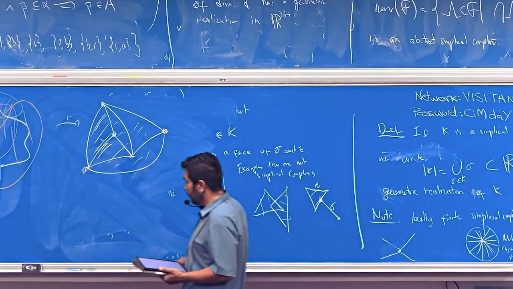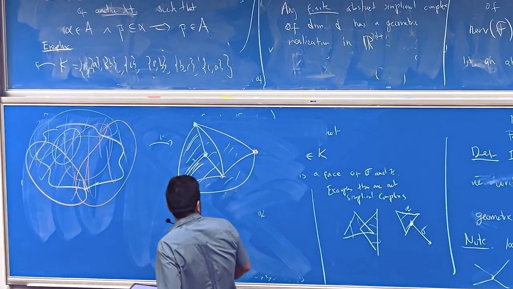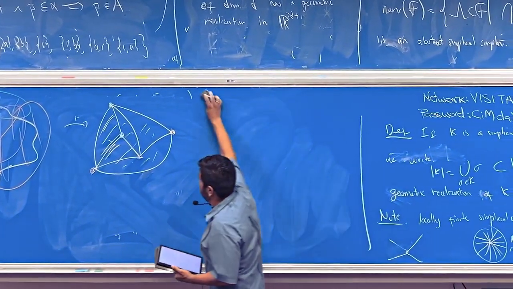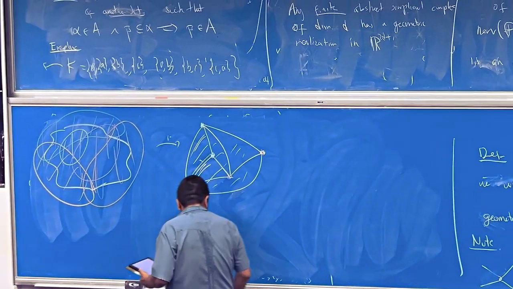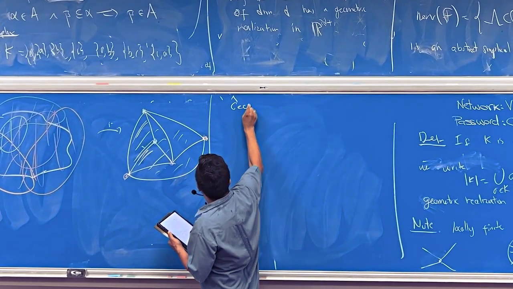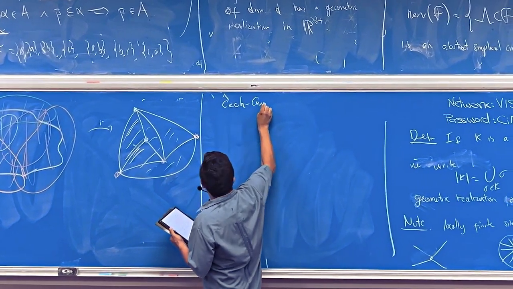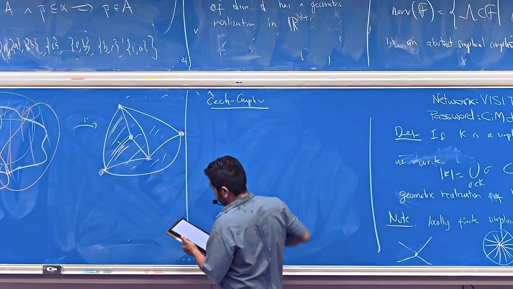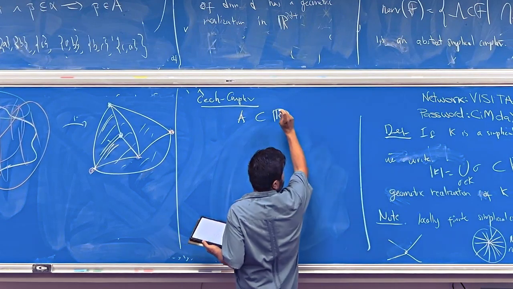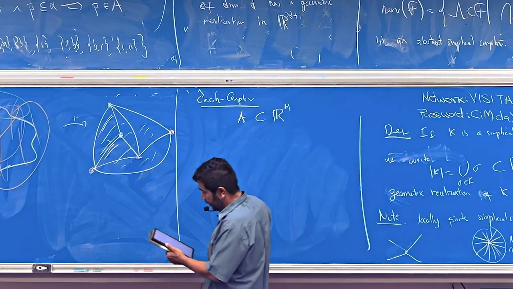And this is a very common way of constructing a complex from a data set. We call it the Čech complex. The Čech complex starts with a subset of R^m.